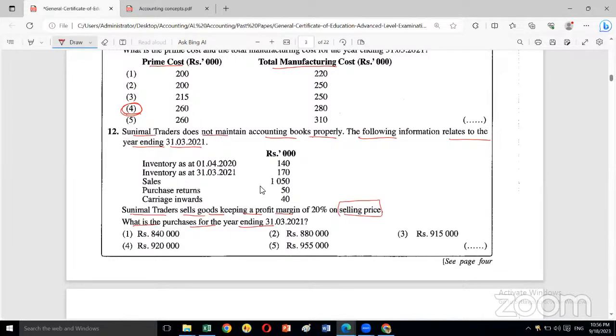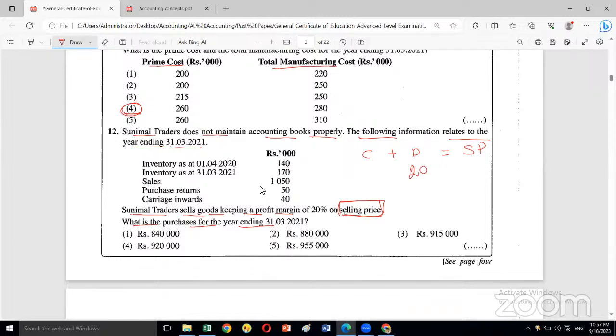If they say your selling price is going to be 100%, you know very well, put this equation: cost plus profit equals selling price. Sunimal traders sells goods keeping a profit margin of how many percent? 20%. On which price? On selling price.